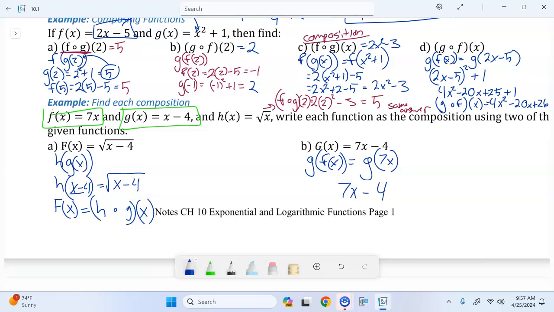Does that match up? Yeah. So we know that big G of x will equal g of f of x. Okay? Questions, comments, concerns, queries, conundrums?